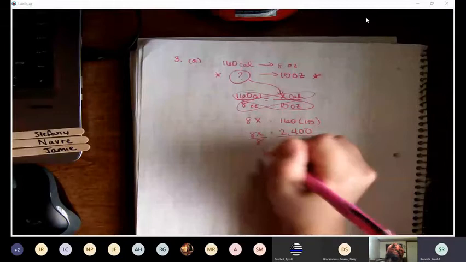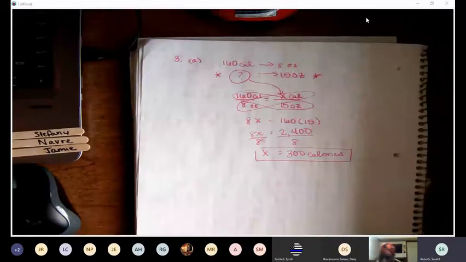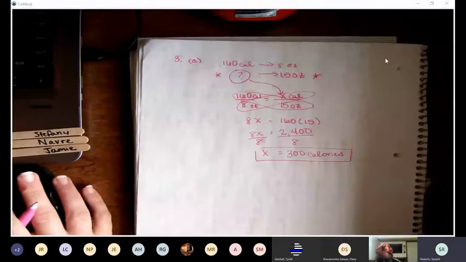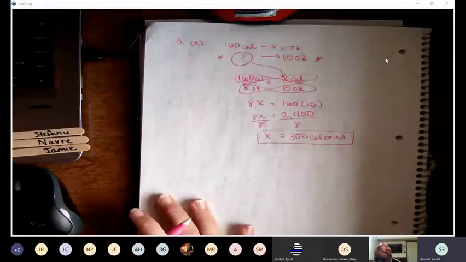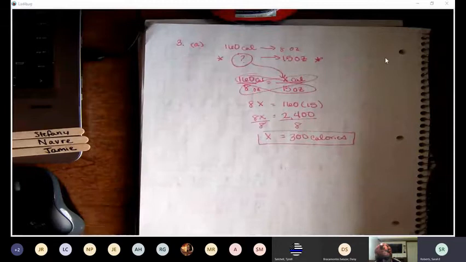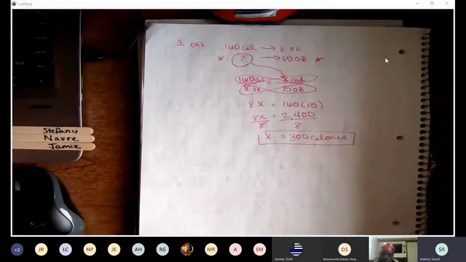Okay, so you can do it the way we did it on the front, or you can do it like this. Either way is the same. They're perfectly acceptable. What questions do you guys have? Do you guys like one particular way better than the other? Which way do you like?